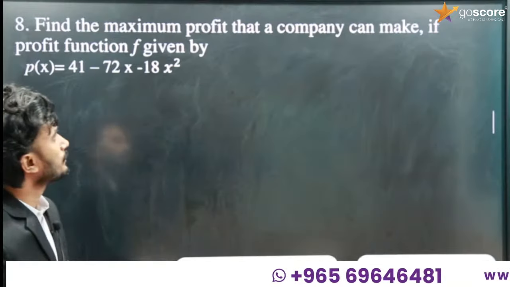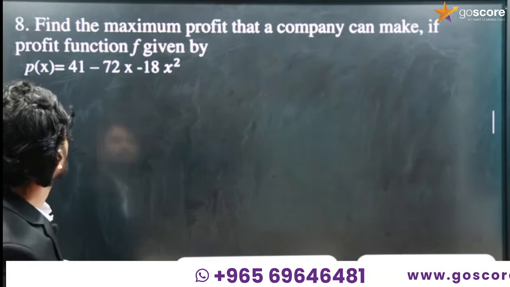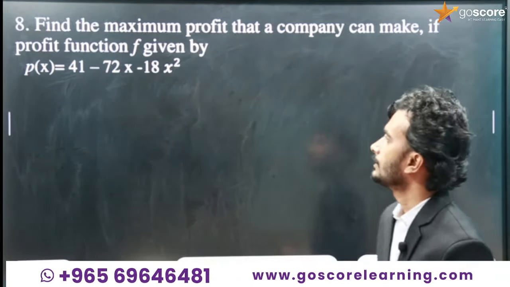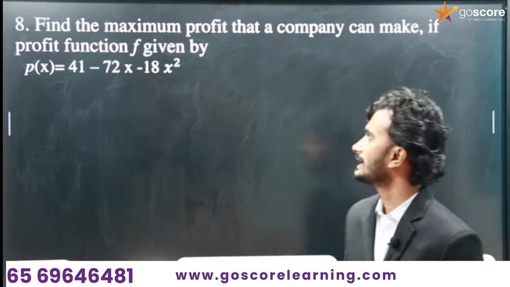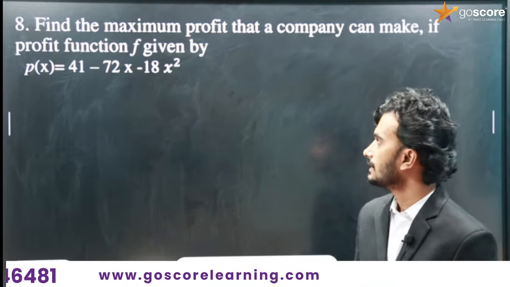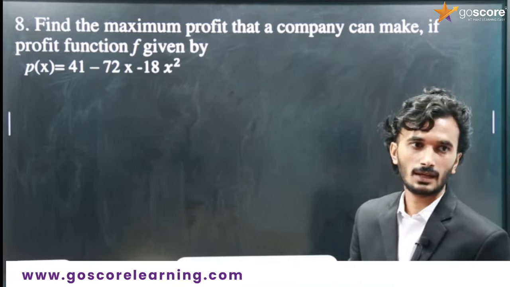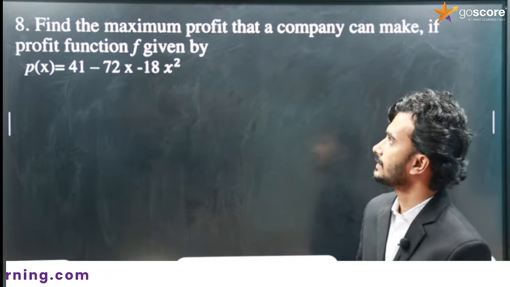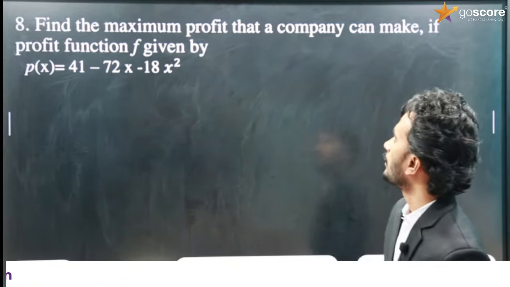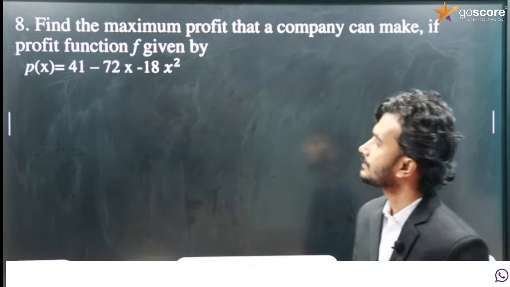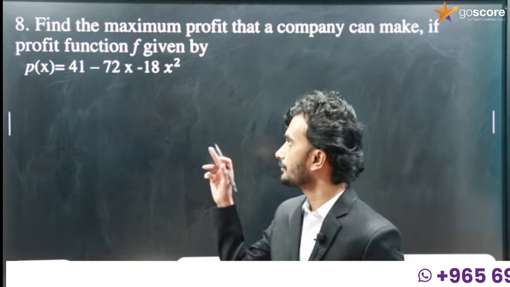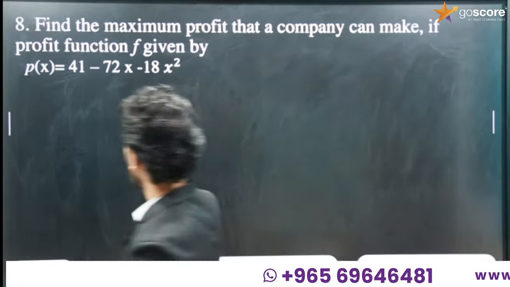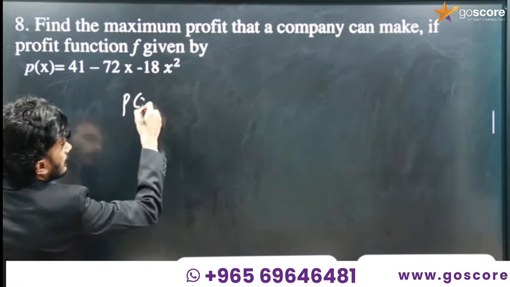Find the maximum profit that a company can make if the profit function P of x is given by 41 minus 72x minus 18x square.